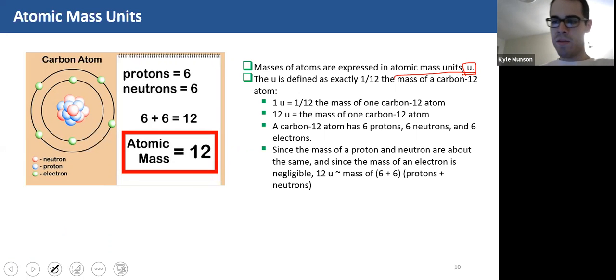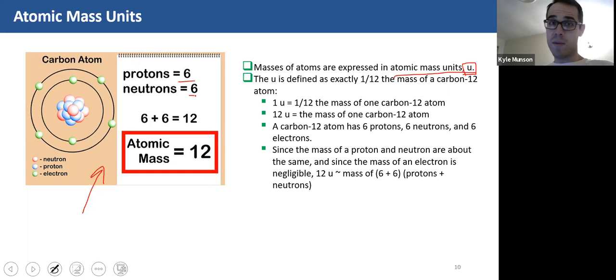Here's an example of carbon-12. We have 6 protons, 6 neutrons, so its atomic mass is 12. So 1 U is exactly a 12th of the mass of a carbon-12 atom, and 12 U is the mass of one carbon-12 atom. Again, 6 protons, 6 neutrons, and 6 electrons.